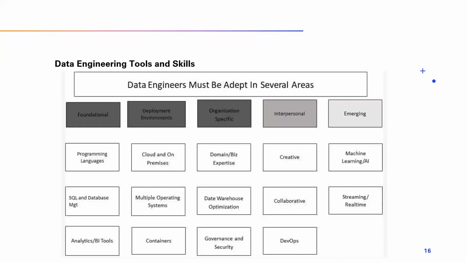And once these two parts are done, you'll work on specific business organization problems, where you'll try to make your solution more effective. Data engineers also work with the business directly. So you should work collaboratively with the business, understand, come up with a creative solution, and then also work on emerging technologies like AI and ML once you have a good understanding.